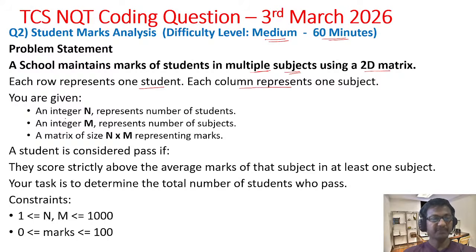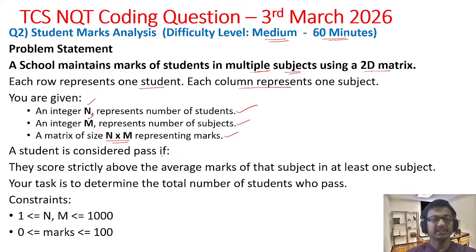You are given an integer n, the number of students, and m, the number of subjects. You are also given a matrix of size n by m, which contains marks of all the n students in m subjects.